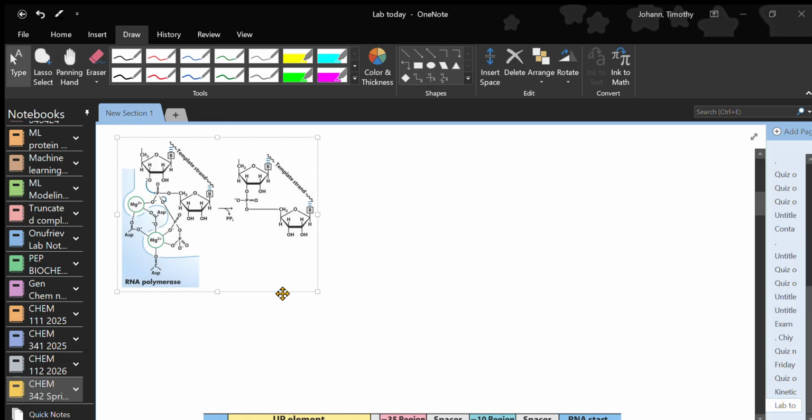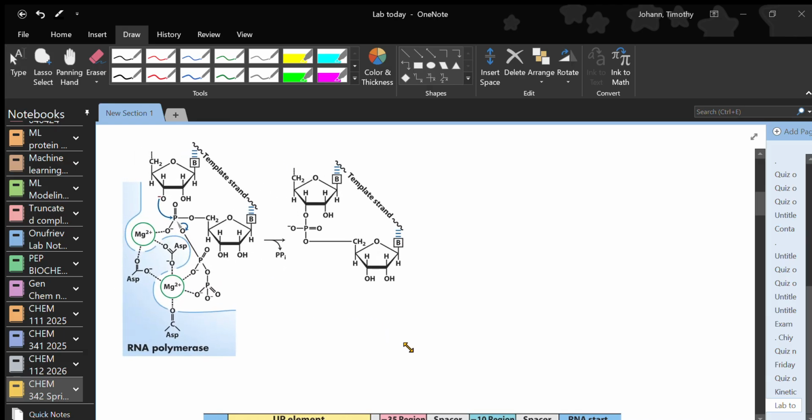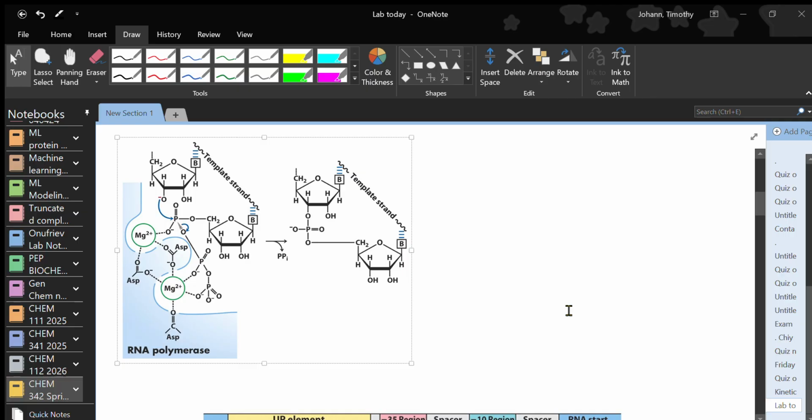This is the same as the mechanism, but it's a more complicated picture with magnesium. You don't need to worry about this part, like what the enzyme active site is. Although you'll notice, some of you did mutants in lab that match this. What amino acids do we have holding these magnesiums in place? Aspartates, right?